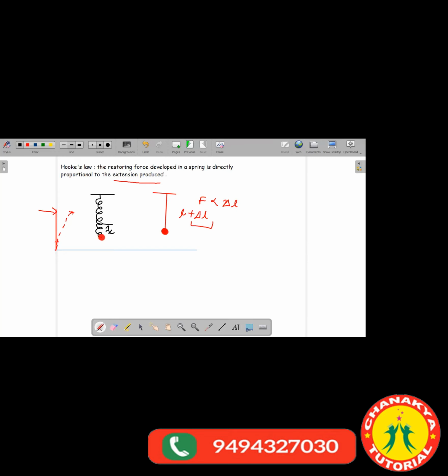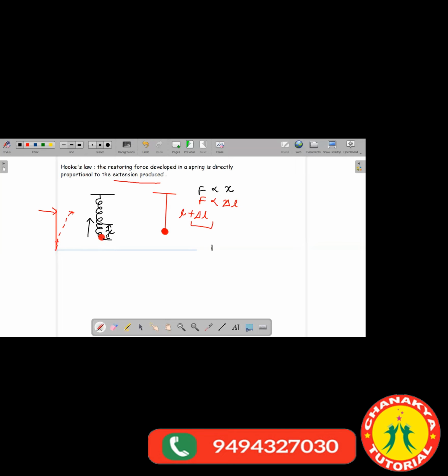The spring would not like to remain in the same position. The spring will have a tendency to move in the backward direction, to come to its original state. Because of this, a restoring force is set up in the spring, and that restoring force F is proportional to X, that is the extension.